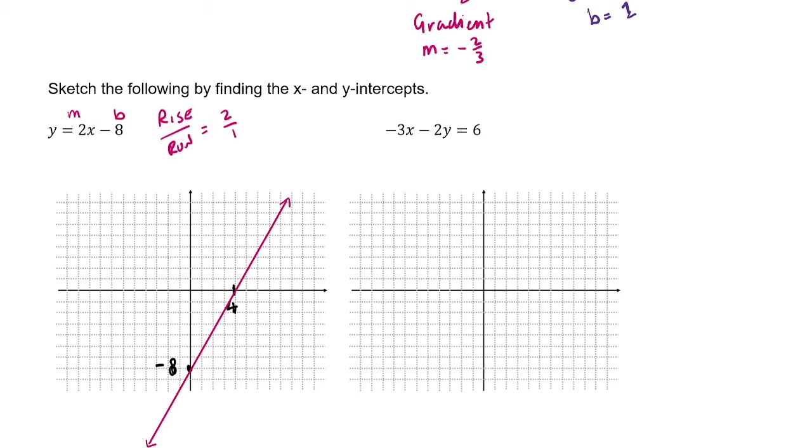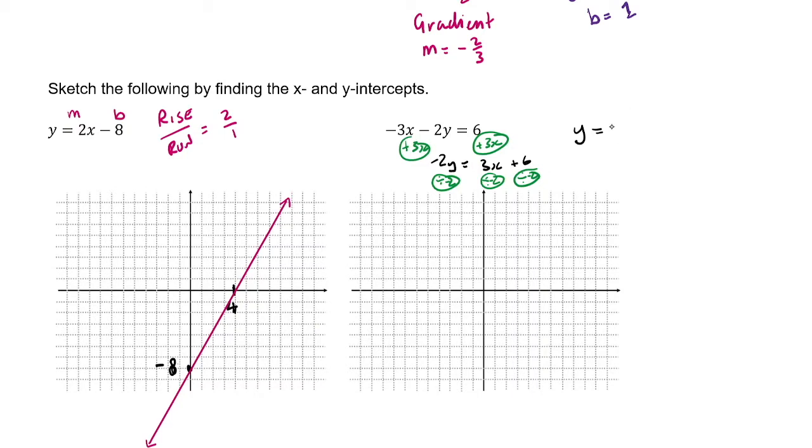Okay. This next one might be a little bit easier to see. So first of all, we're going to add 3x to both sides. Alright, that leaves me with -2y equals 3x plus 6. Then I want to divide everything by -2, sorry.